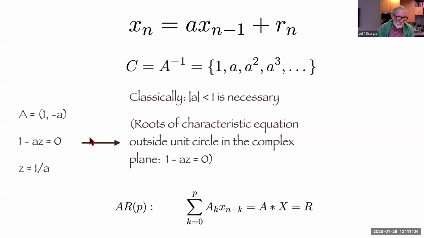And if you play the game of characteristic functions and so on, this amounts to finding roots of the characteristic equation in the complex plane. In the general case with higher order, there's a whole literature on finding roots inside, outside and on the unit circle in the complex plane.